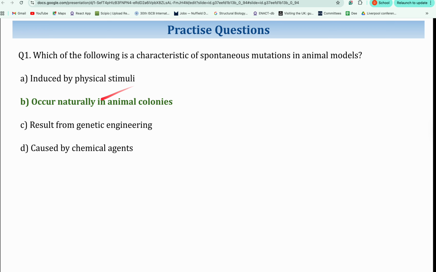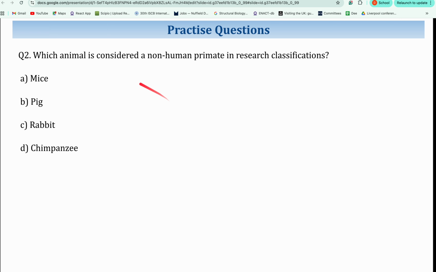Option B was occur naturally in animal colonies, so this is true. Option C was result from genetic engineering, which is not right because that is again induced mutations. Caused by chemical agents is also induced mutations. So the right answer is option B. Okay, let's move to the next question.